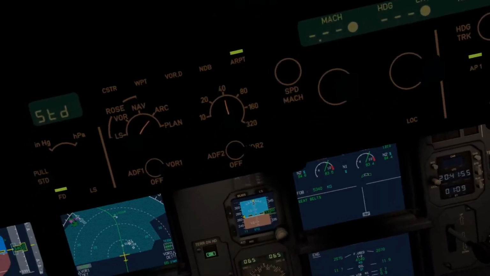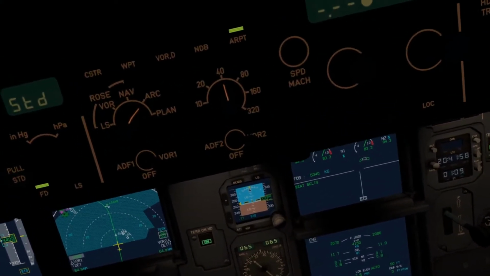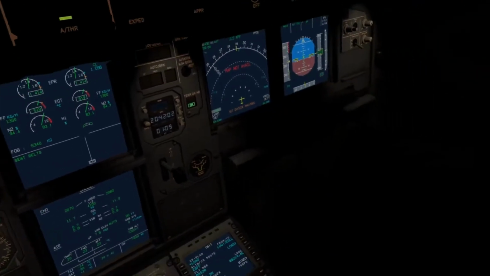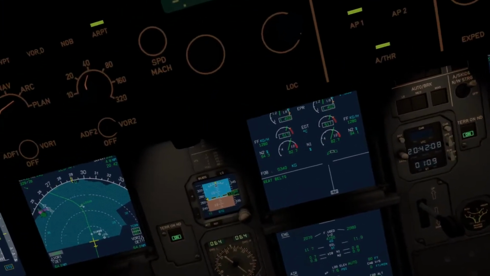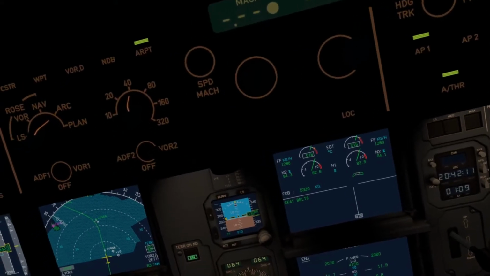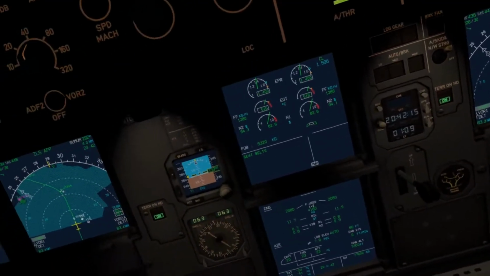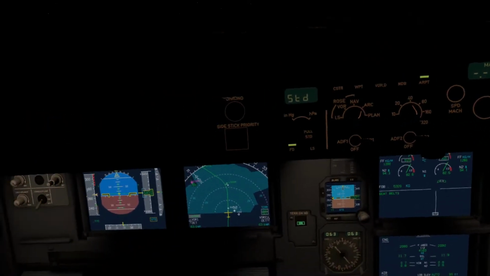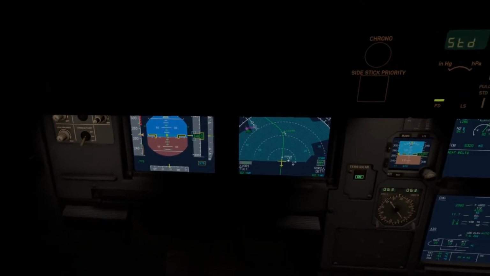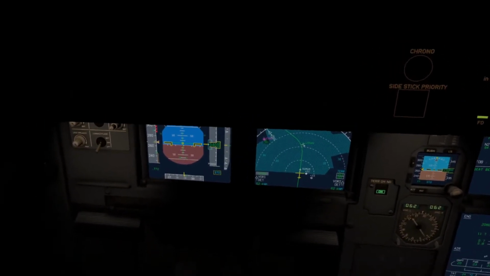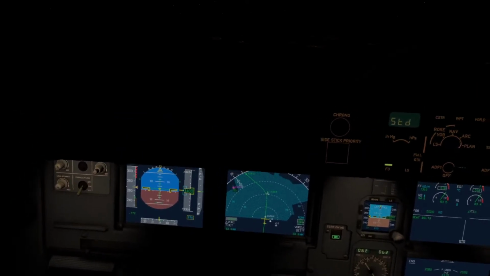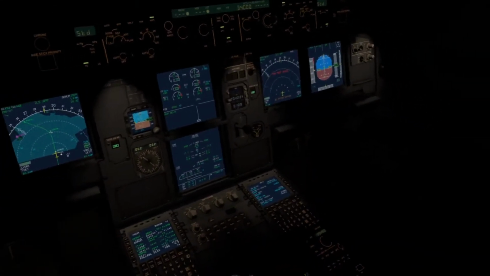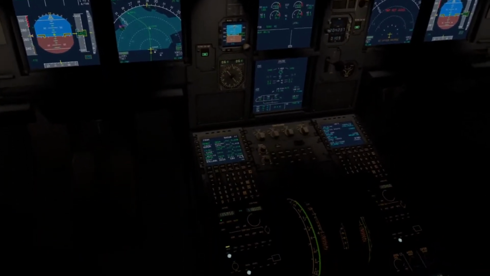Set offside. Here's England. Okay, hang on a minute.